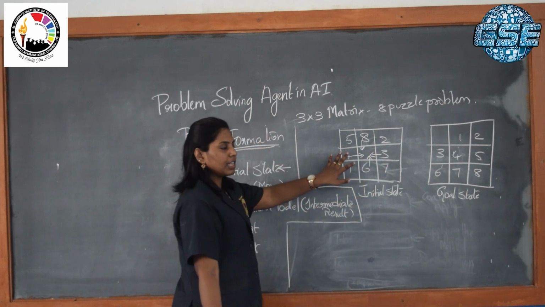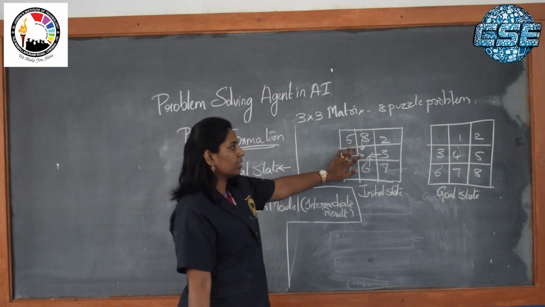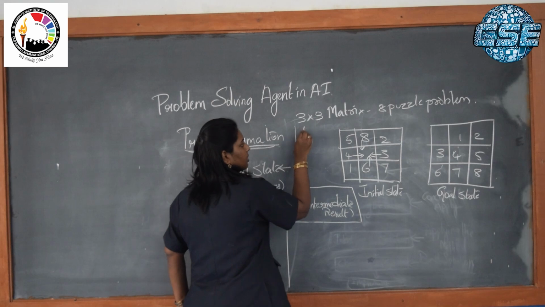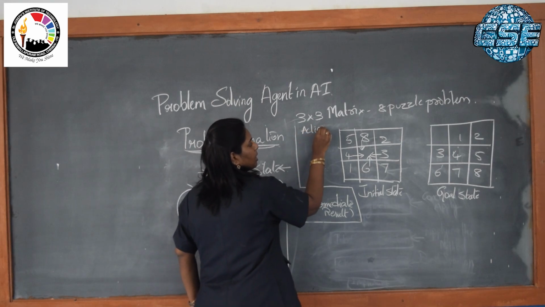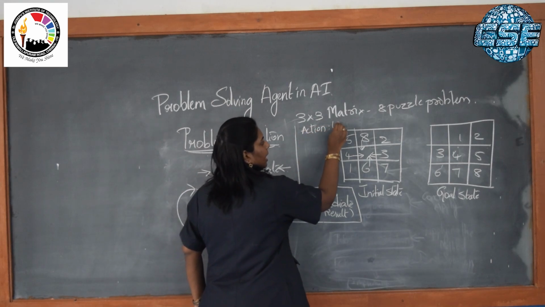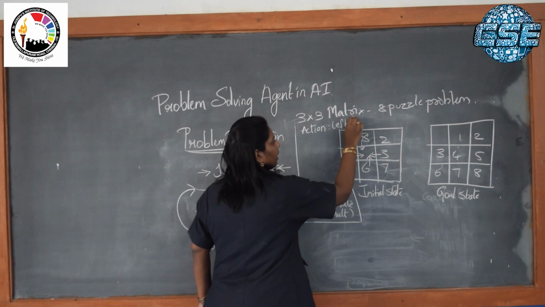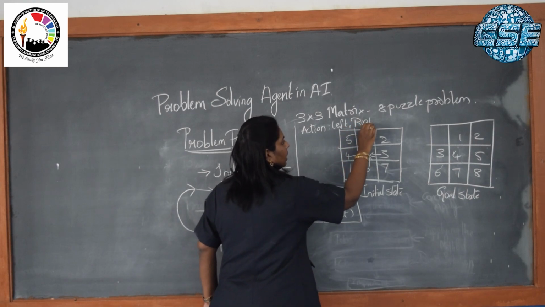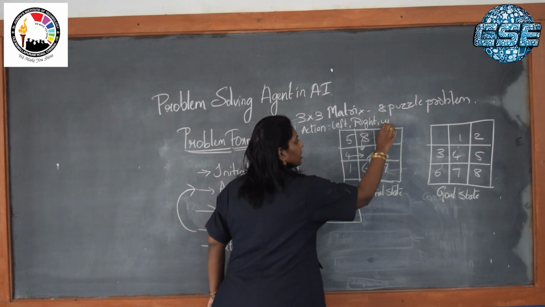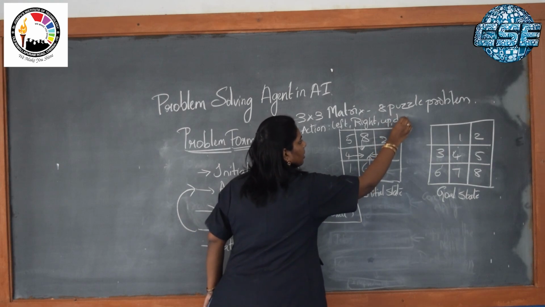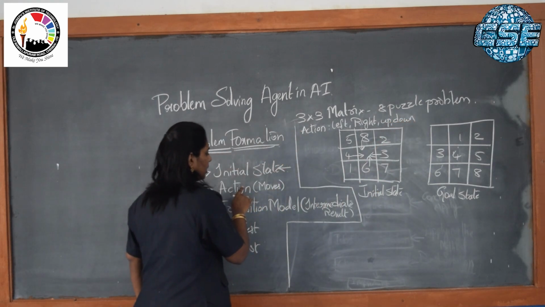So our actions in this problem are left, right, up and down.